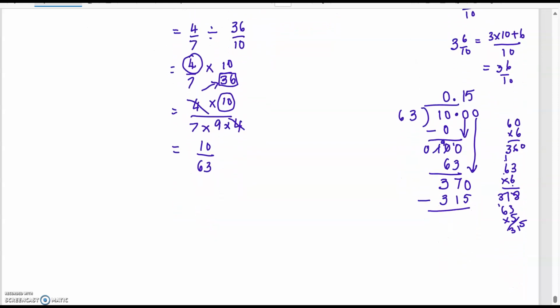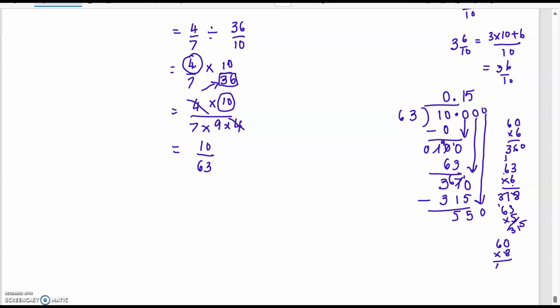We subtract 10 minus 5 is 5. This becomes a 6. 6 minus 1 is 5. We bring the next 0 down, 550. 63 is close to 60, so let's see if that'll help us figure out how many times 63 goes into 550. 6 7s are 42, 6 8s are 48.